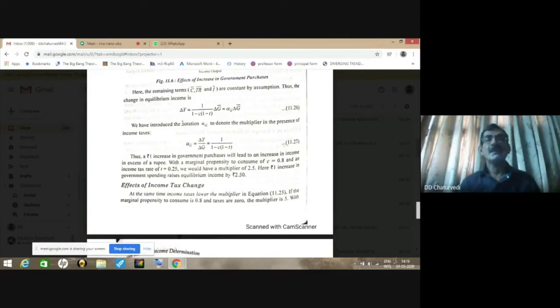Now you will easily be able to understand that the value of the multiplier is decreased in this situation by including the government expenditure, on account of the reduction of disposable income because of proportional income tax. Now suppose MPC is equal to 0.8 and income tax rate small t is equal to 0.25.